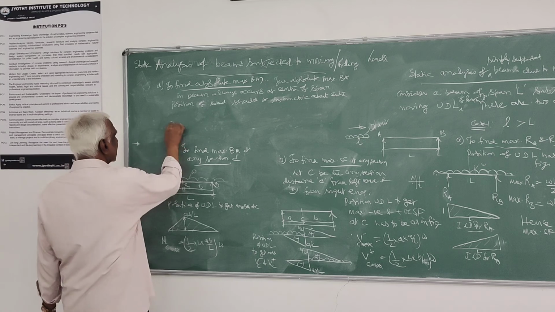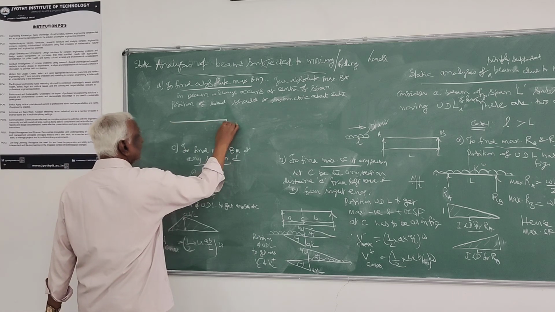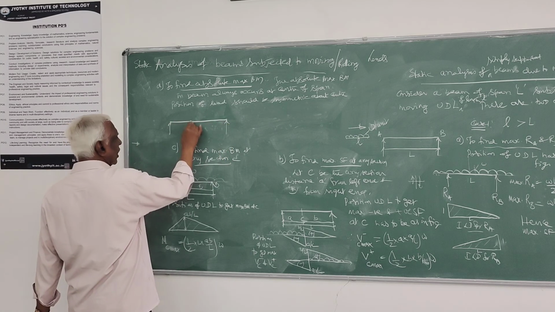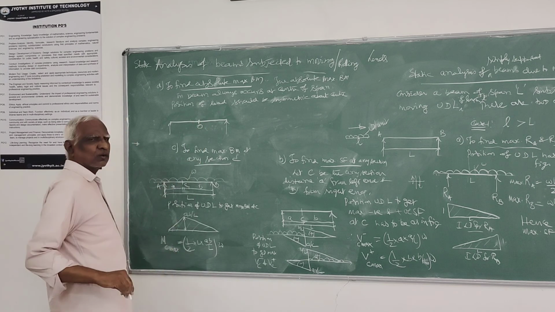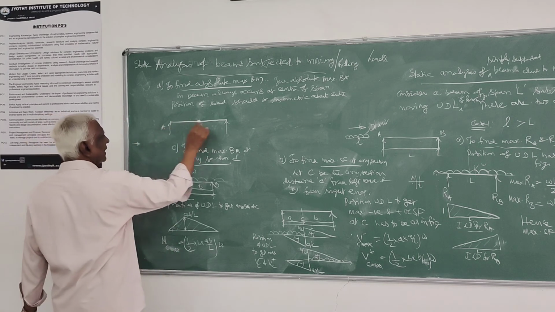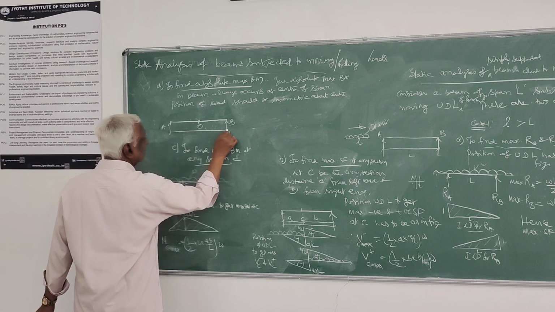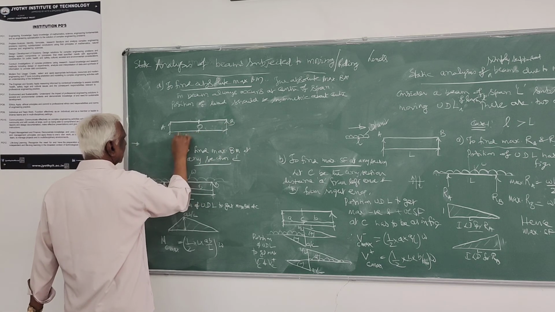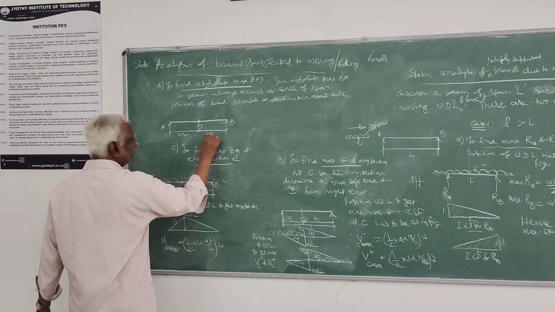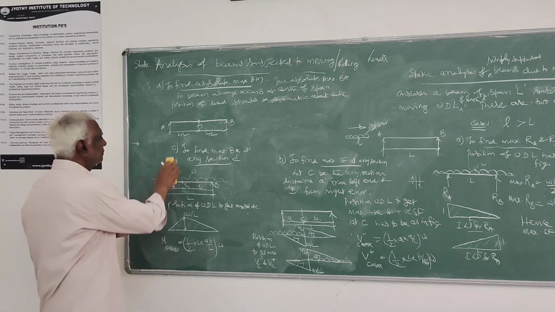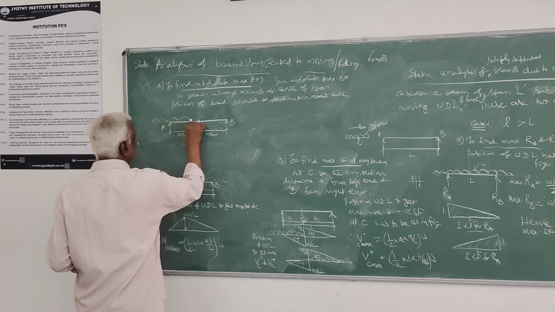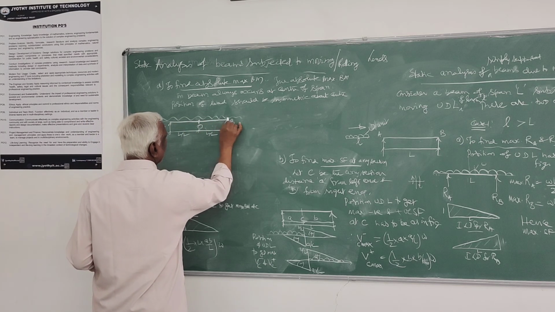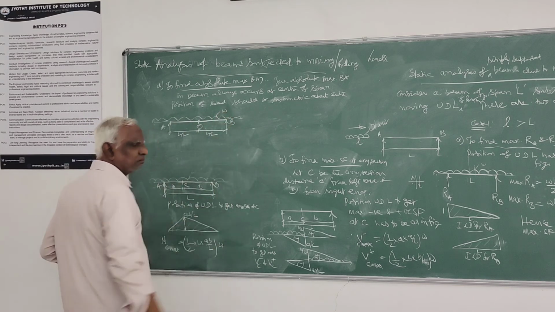Right? So here, since the load is larger than the span, this is the center of the span. A to D, this is L by 2. Since the load is larger than the span, the entire span has to be loaded.